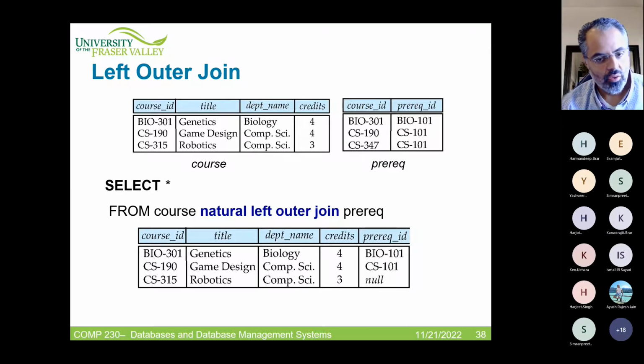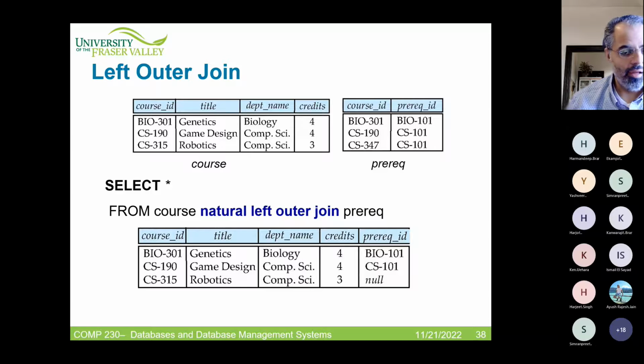When I say natural outer join, it is based on a natural join, which means we have a common attribute, and the joining will be based on the values in the common attribute if they are equal.